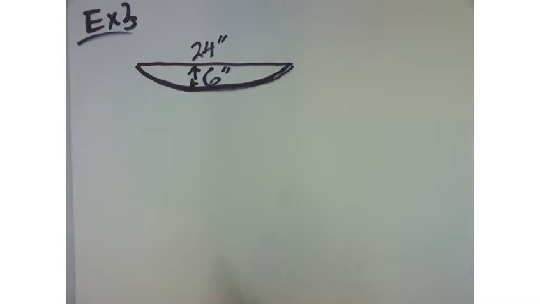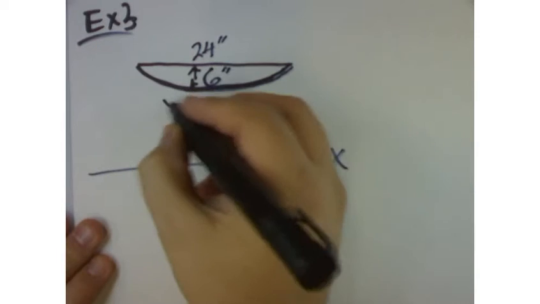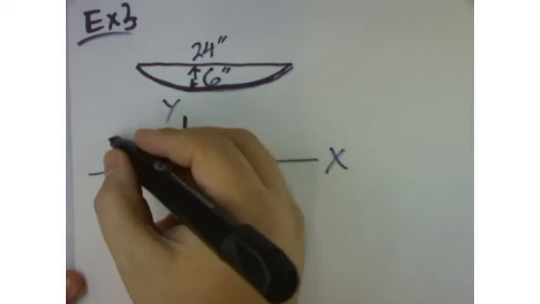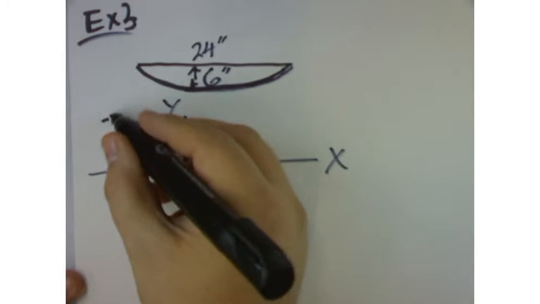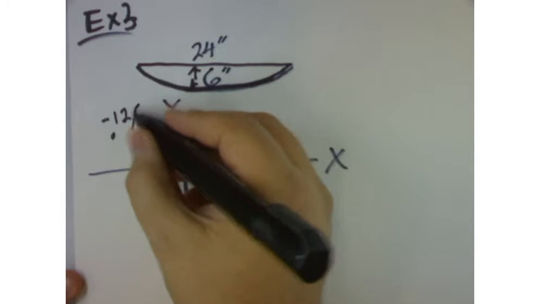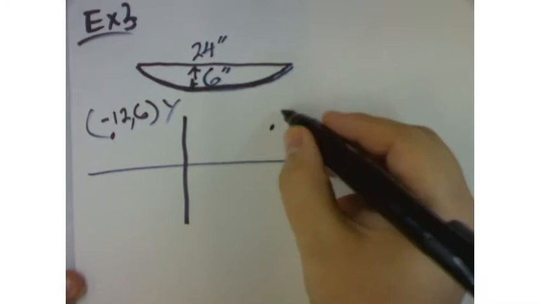And then your textbook went a little bit further and said that if you really think about it, this is the point negative 12, 6, and then equidistant from that is 12, 6.